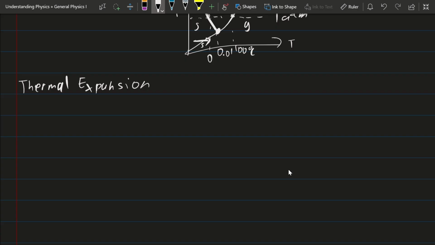But this works for liquids as well as solids. So the way that I will try to give you the formula for this is to discuss the volume first, after that the linear expansion.